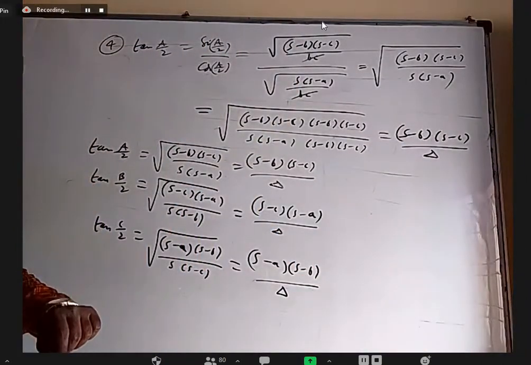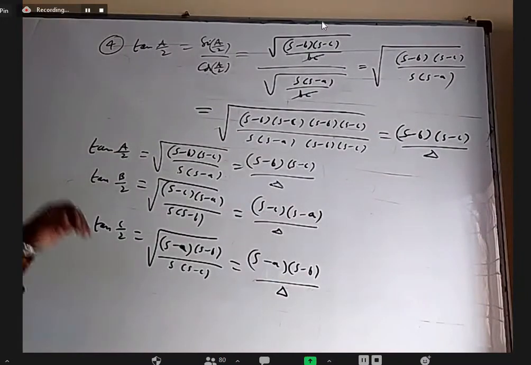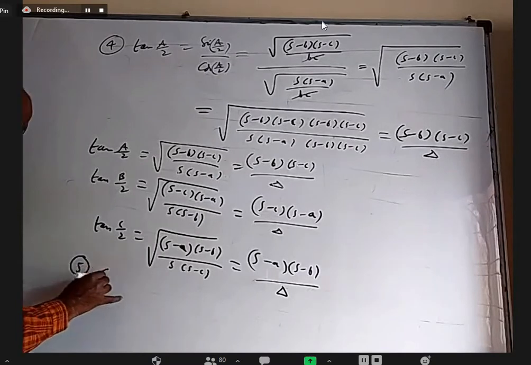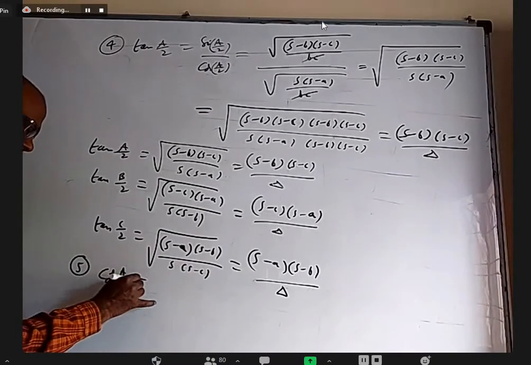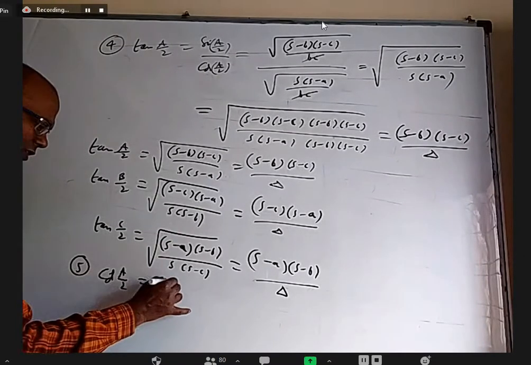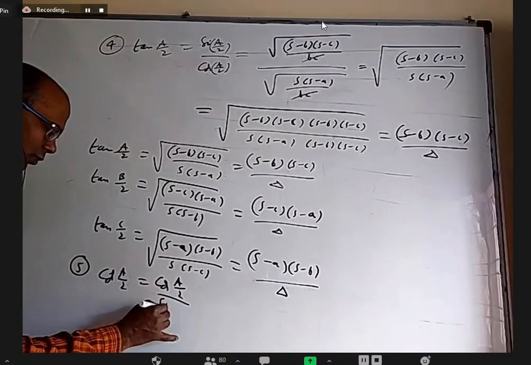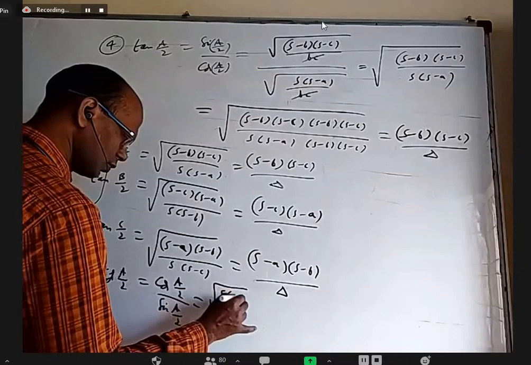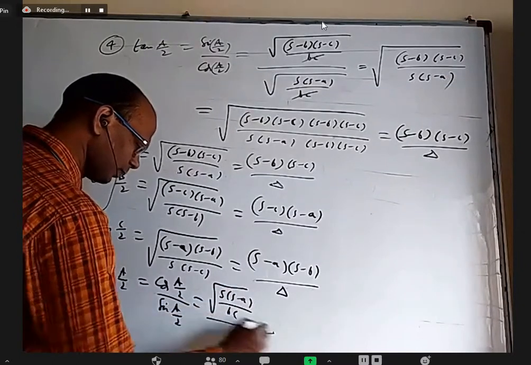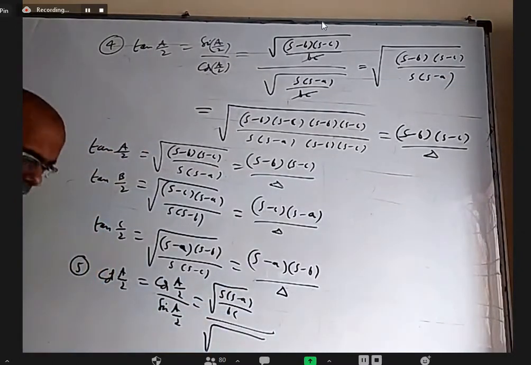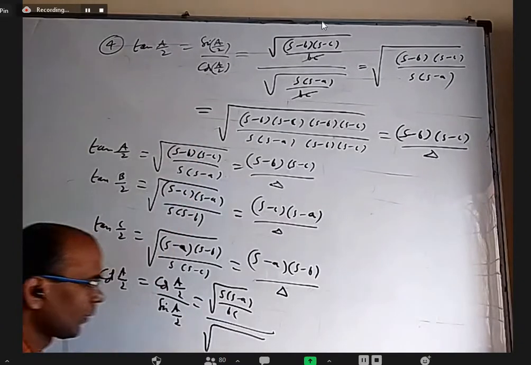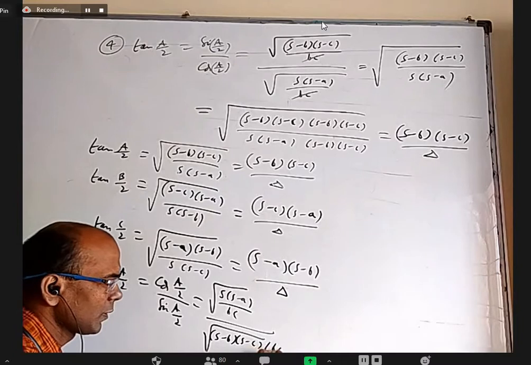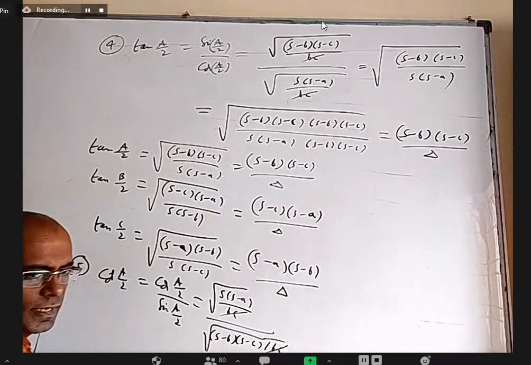Okay, just a few minutes. We'll derive cot A by 2 and we'll stop for today, morning at least. Cot A by 2, I can do from tan only, but I'll just write it from the beginning. Cos A by 2 by sin A by 2. This is root over s(s minus a) by bc. This is root over (s minus b)(s minus c) by bc. bc will cancel.